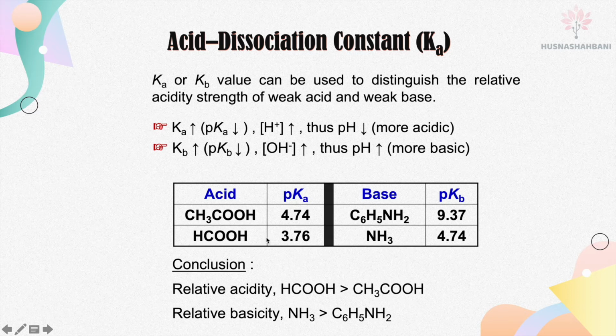Methanoic acid is more acidic than ethanoic acid. The pKb value of C6H5NH2 is higher than the pKb value of NH3. The lower the pKb, the higher the concentration of OH-. This means NH3 is more basic than C6H5NH2.